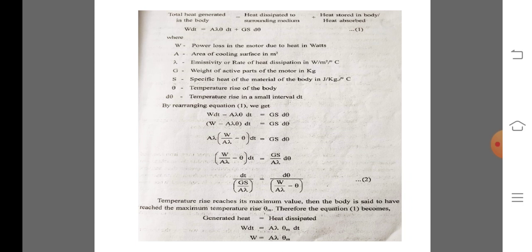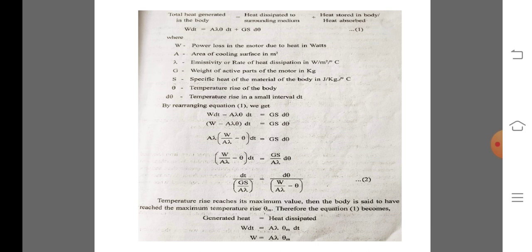According to that condition, the total heat generated in the body equals the heat dissipated in the surrounding medium plus the heat stored in the body, or heat absorbed. So for the heat generated in the body, we take W dt, where W is the work done by the motor and dt is the variation of time.